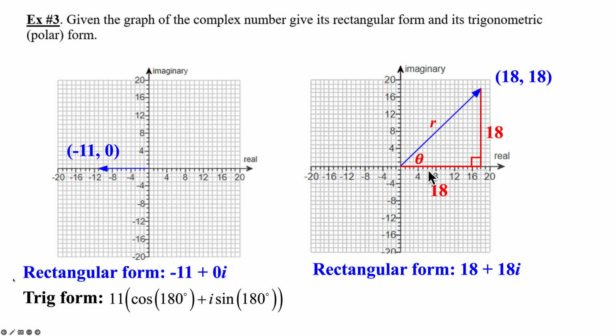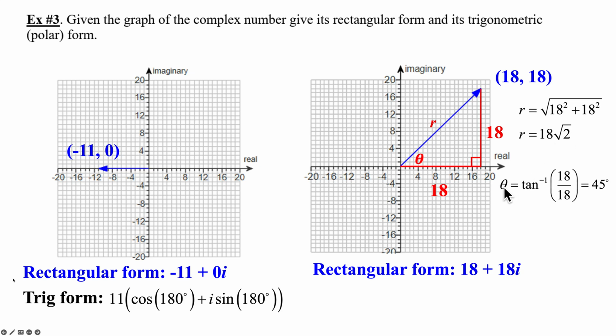Now, if you don't see it, that's fine. Use your r value, 18 squared plus 18 squared. Simplified radical, well, that would be 2 times 18 squared, so 18 comes out in front with the square root of 2, that's your r.